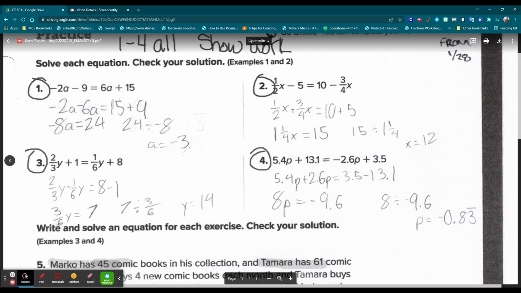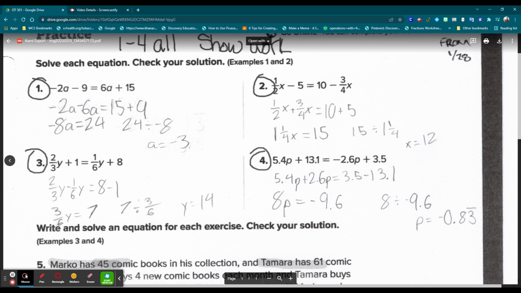Well, yes, you are showing your work, but this doesn't necessarily show me that you are using those properties of equality and understanding that when you use the properties of equality, you have to have a balanced equation. That's the main thing: you're not really showing that you are balancing your equation.